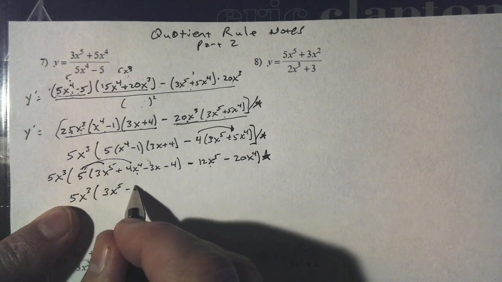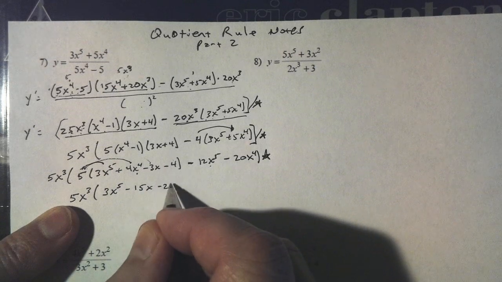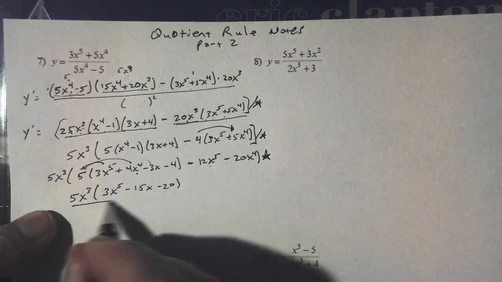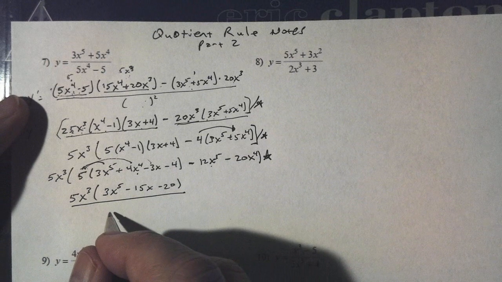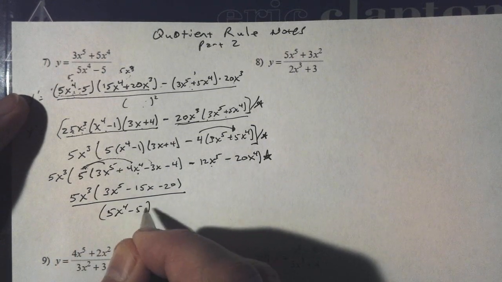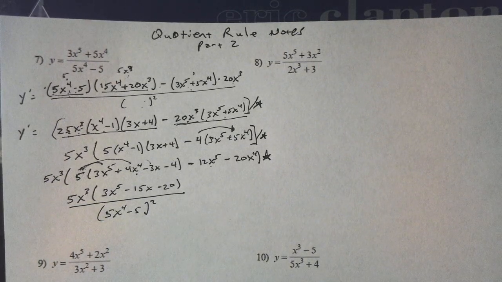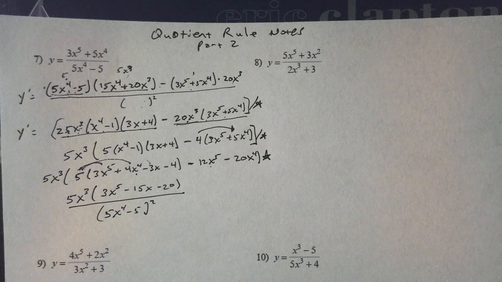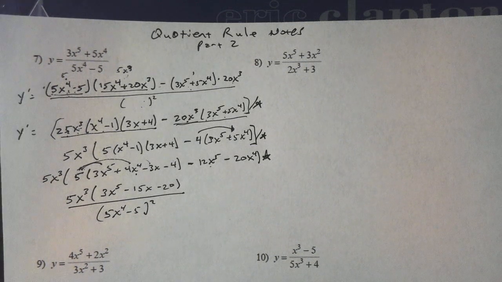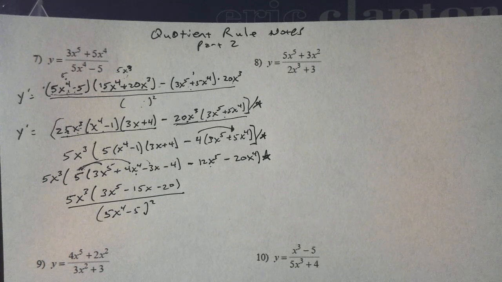Here I get minus 15x, and here I get minus 20, all on the square of the thing below. So many chances to make little algebra mistakes in there. If I was taking this in a quiz or test, I would most definitely double back and look through that again. I'm reasonably confident I'm in good shape there, but as you all know, I make mistakes too.